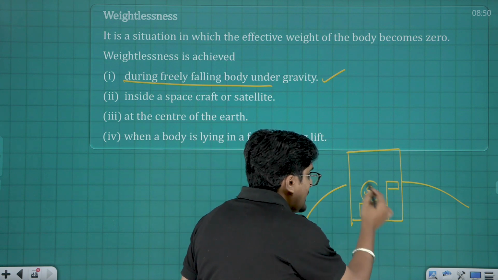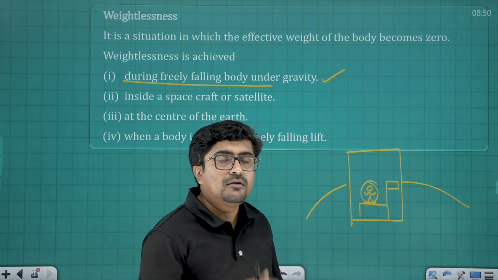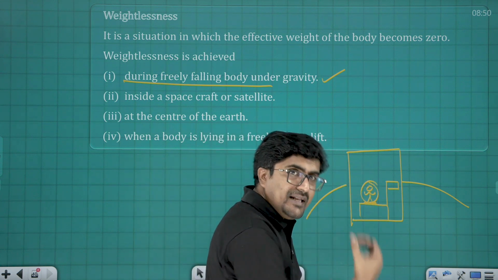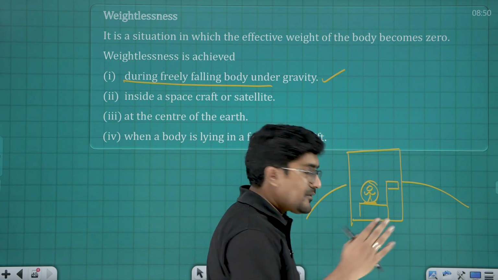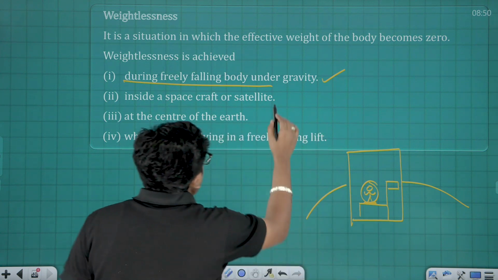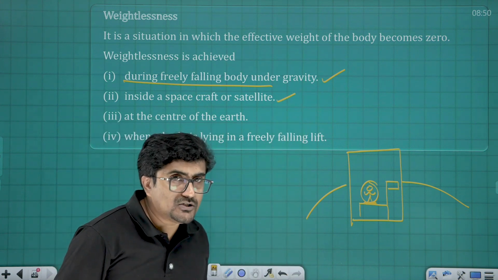The man standing there is also experiencing the same thing. So what will happen? There is no reaction, because only if the man is feeling greater pull is there the possibility of normal reaction. Otherwise, normal reaction will not be there. So if normal reaction is not there, that means again weightless condition.